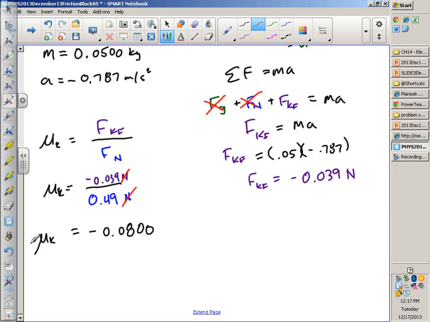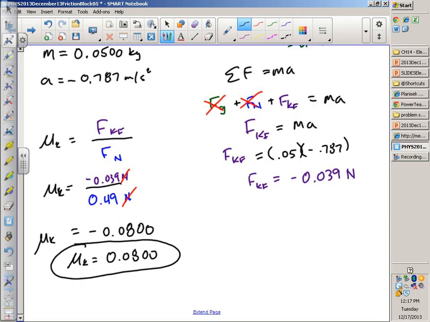So if you left it as negative 0.08, I would give you credit for that on the test, no problem. But in actuality, there is no such thing as a negative coefficient. You just sort of disregard that number, or the negative, because it doesn't mean anything, and that would technically be our answer.